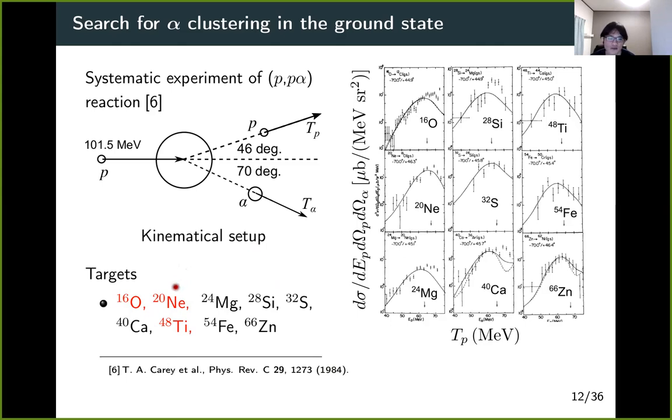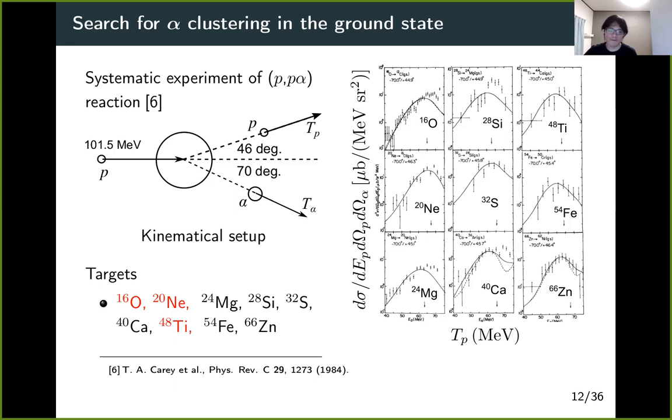They measured the alpha knockout reaction with a 100 MeV proton beam and with these targets. They are all stable: oxygen, neon, aluminum, silicon, sulfur, calcium, titanium, iron, and zinc. And they measured the p-p-alpha cross section systematically with almost the same kinematic setup.